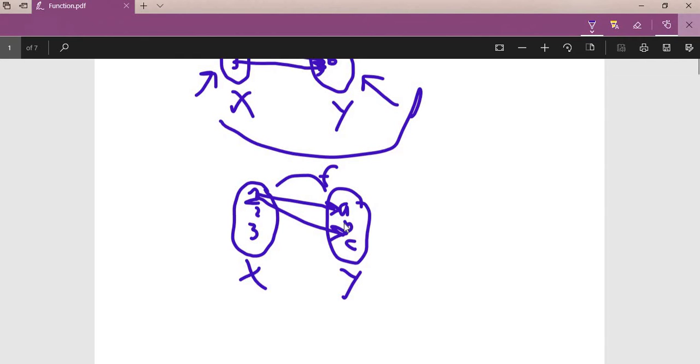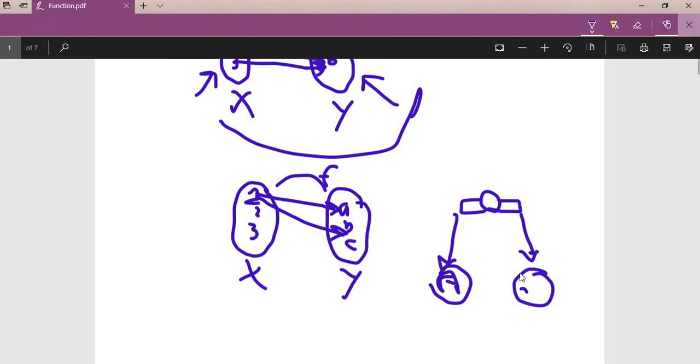It is not possible. Let me give an example. If we have a car, and this car is going to city A, then at the same time this car cannot go to city B. If the car is going to city A, it cannot go to city B at the same time, so it cannot be a function.